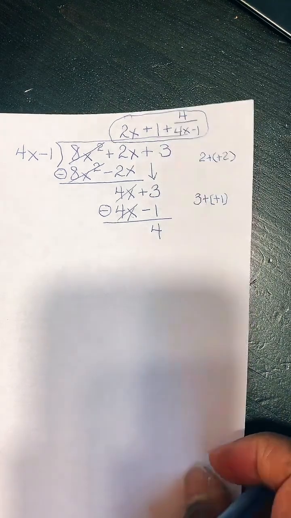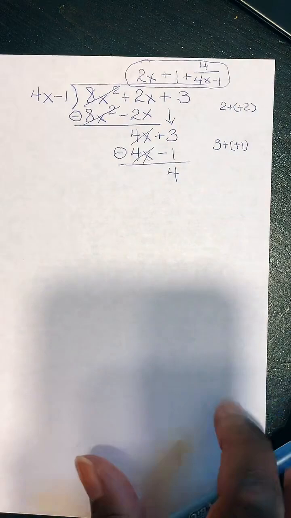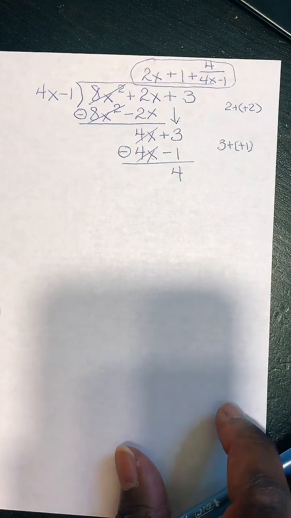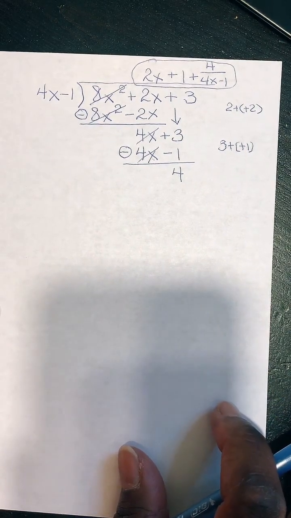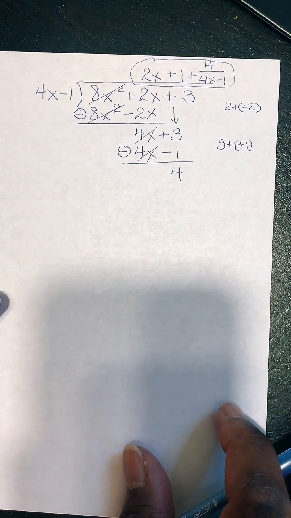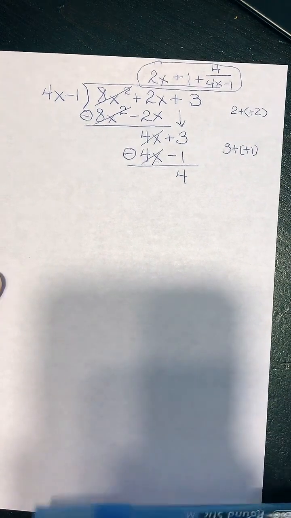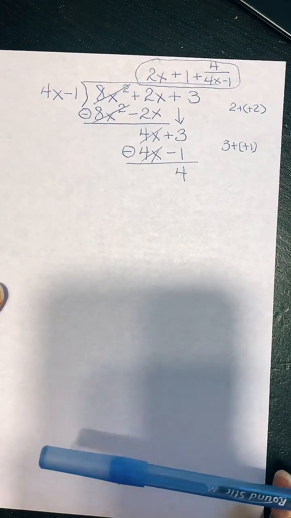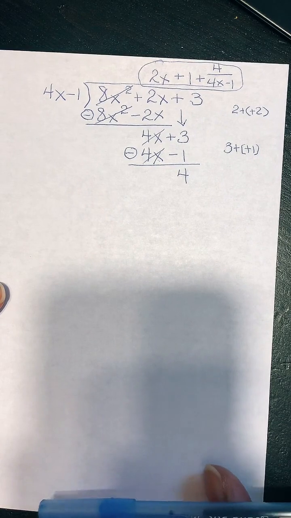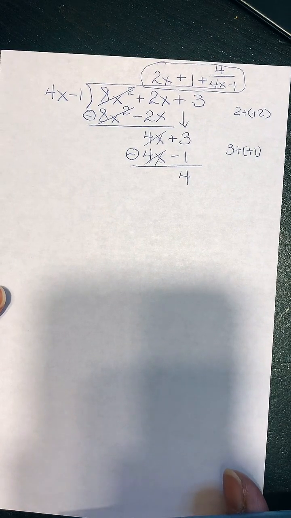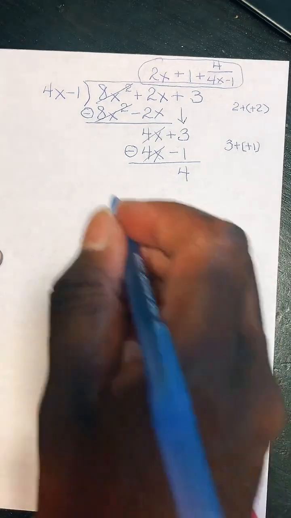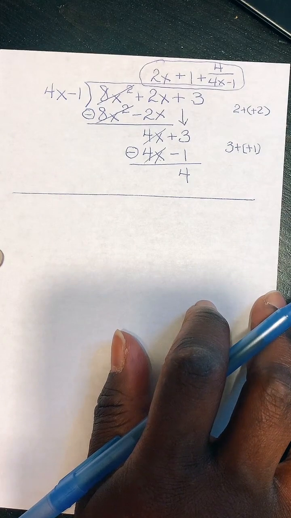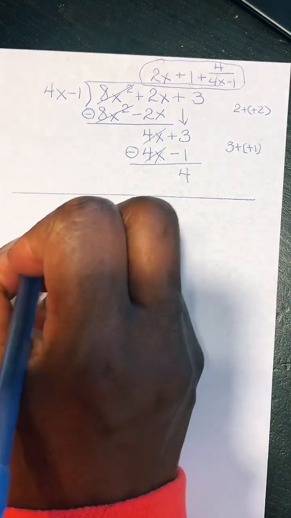Now, let me, please, another problem. I'm learning it right now in 10th grade. Let's see. Let's go with, now I'm going to give you a problem that you guys are going to do, and you can do it either with synthetic or long division.